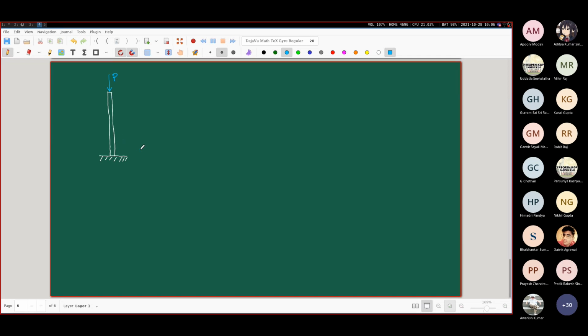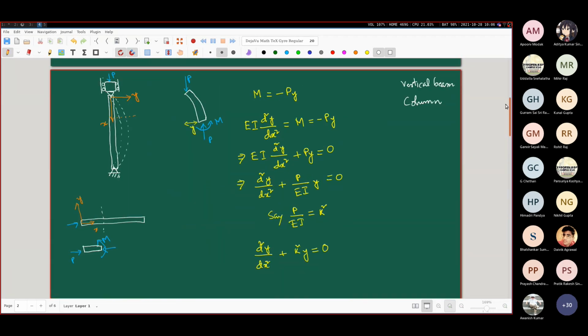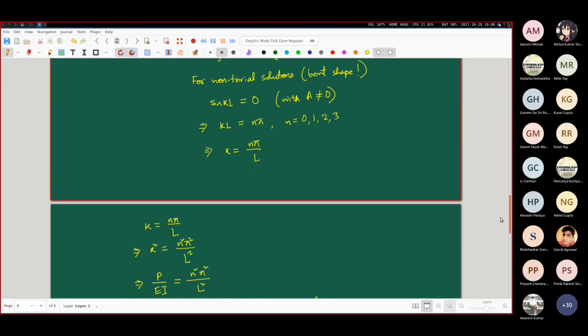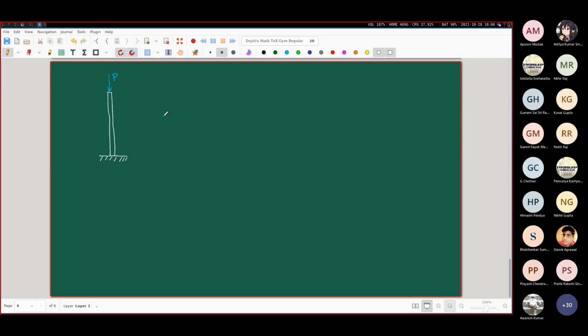Let us consider such a buckled shape in exactly the same fashion as earlier. Earlier also we started our derivation by considering a buckled shape, and it was with reference to that buckled shape that we carried out our derivations. In exactly the same spirit, we will proceed for this case also. Let this column get deflected in this fashion.